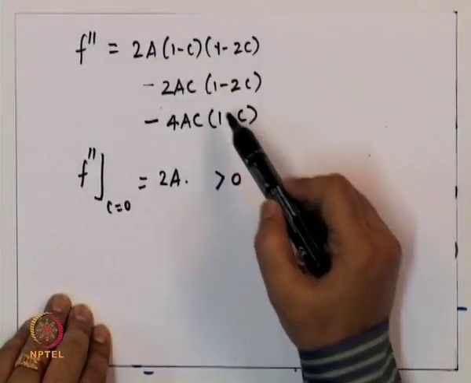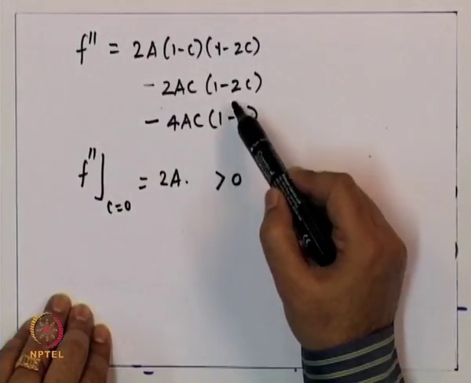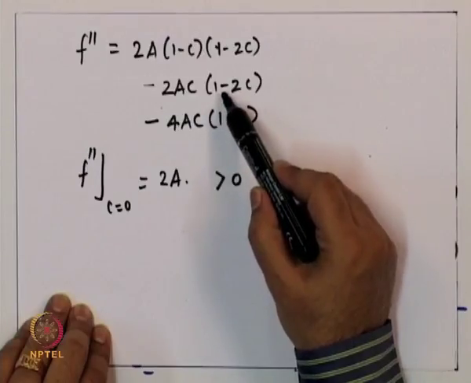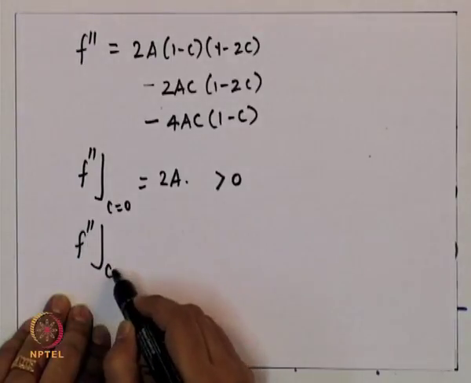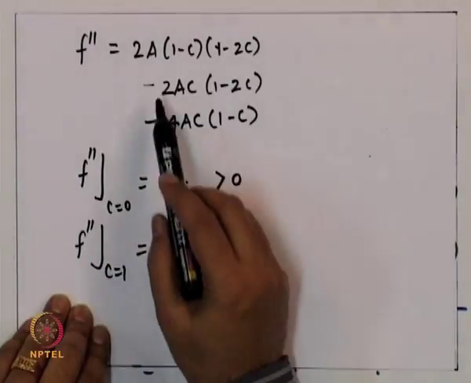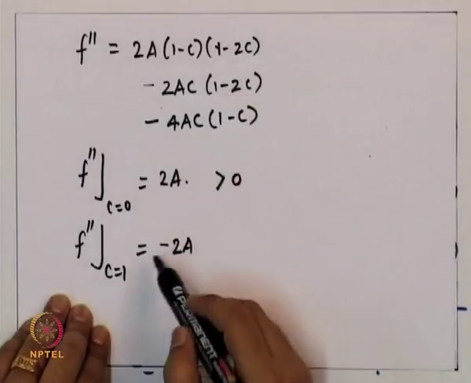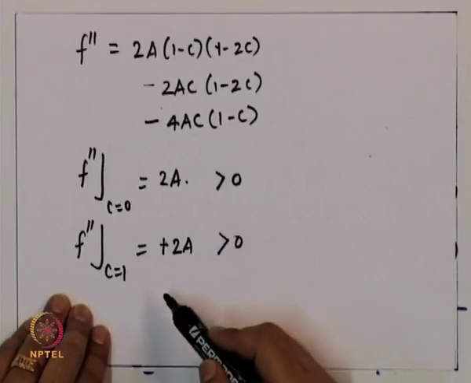So, this term and this term go to 0, and this becomes 1 minus 2. So, there is a minus sign. So, f double prime at c equal to 1 is minus 2 A, c is 1, and so there is a minus 1 that is coming here. So, that is also greater than 0.